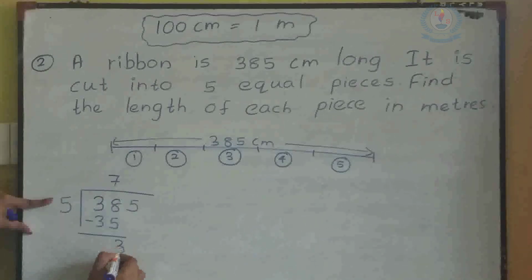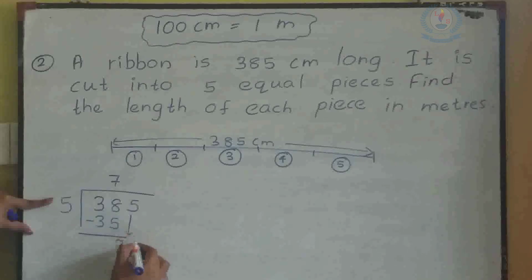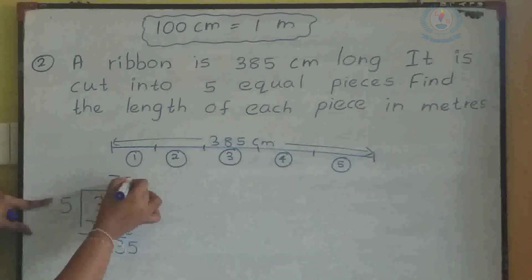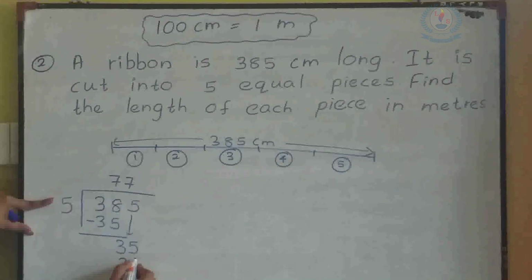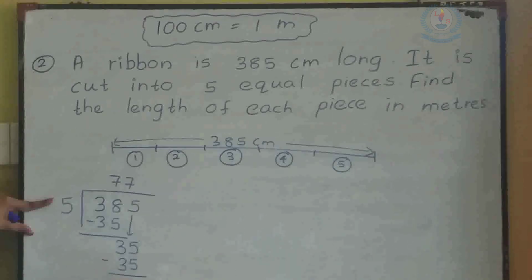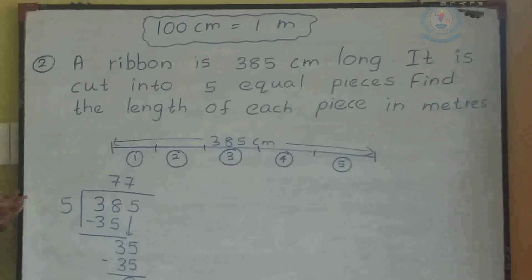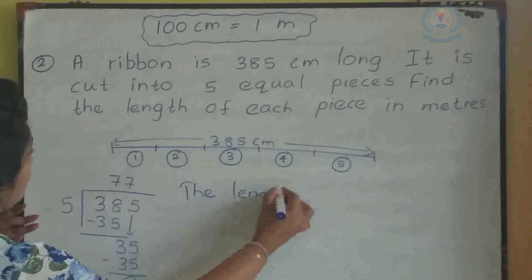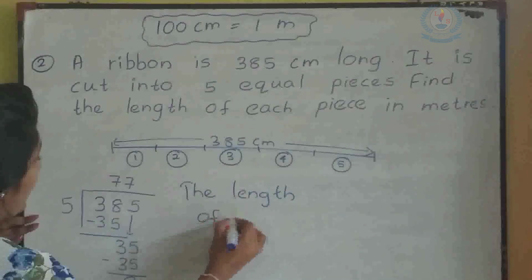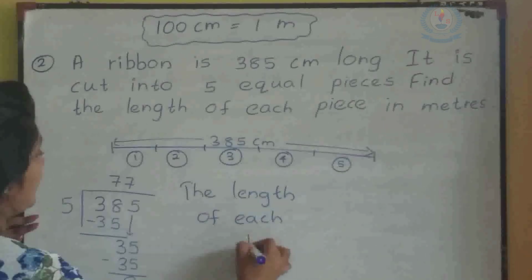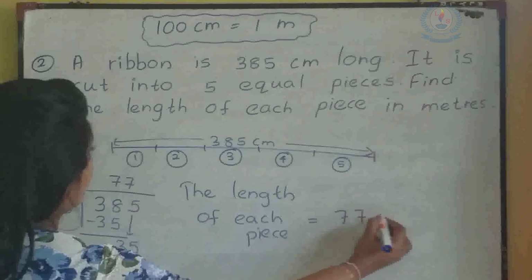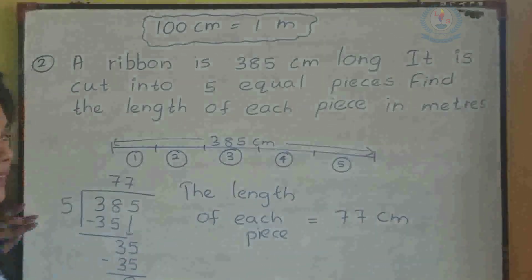Then 3 is remaining. Then take this 5 down. Again 35 is coming. 35 means 5 times 7. When we are subtracting 35 from 35, 0 is coming. That means the length of each piece equals 77 centimeters. This is centimeters.